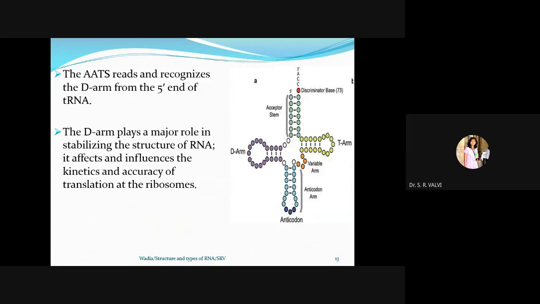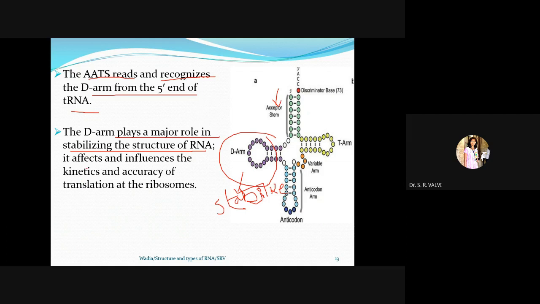Now see, the AATS reads and recognizes the D arm from the 5' end of the tRNA. So the D arm is also recognized from this 5' end, right? The D arm plays a major role in stabilizing the structure of tRNA. The whole structure is stabilized by this D arm.